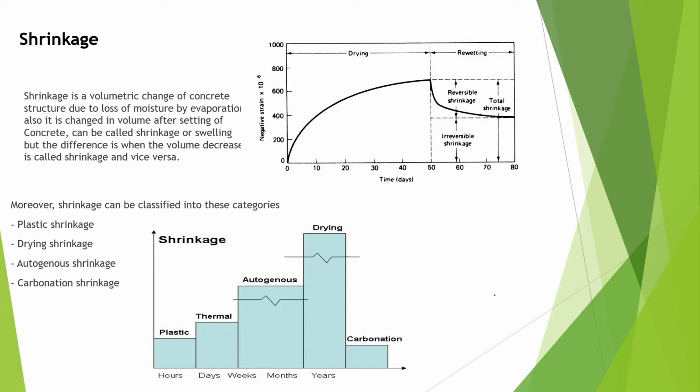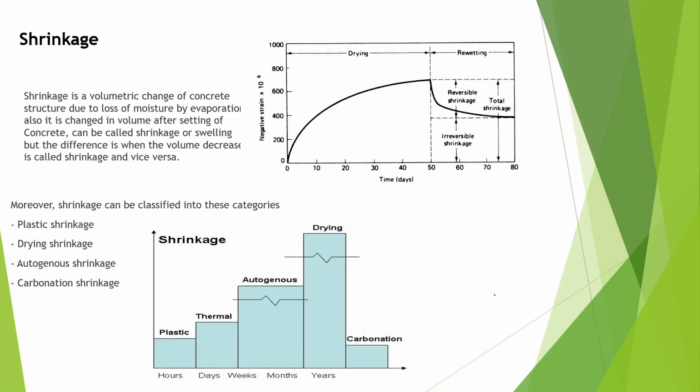But we will talk about dry shrinkage, which is the type affected by moisture movement. As we see in this picture, dry shrinkage happens over years. So we can call it time dependent, taking years or months, depending on relative humidity change.